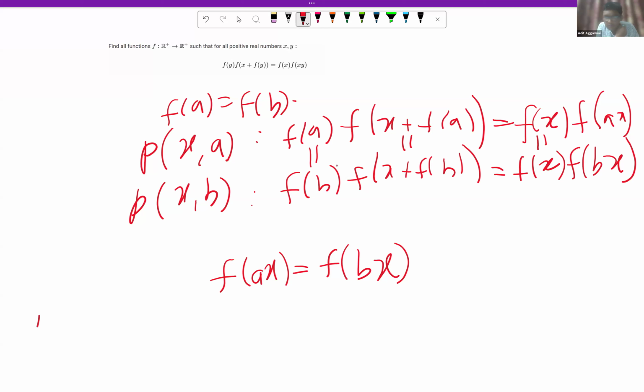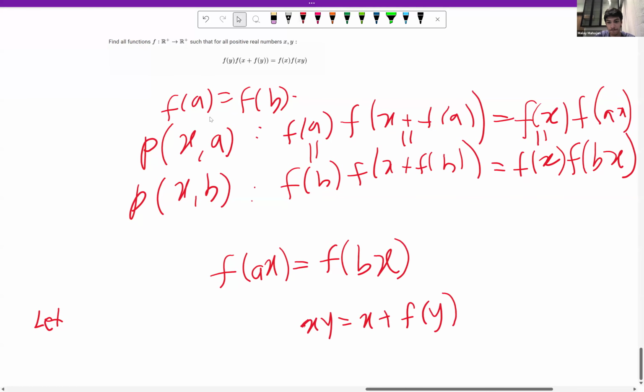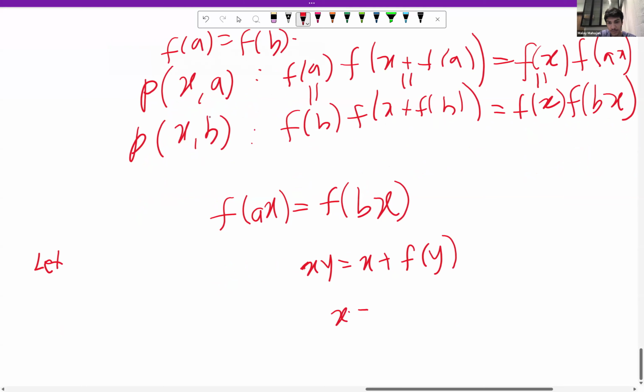XY equals to. Oh, yeah, go ahead. I think I have got if XY equals to X plus f of Y for Y not equal to 1, then some terms cancel out. Can you repeat? XY equals to X plus f of Y. Okay, you're trying to set this. So x must be fy over y minus 1.